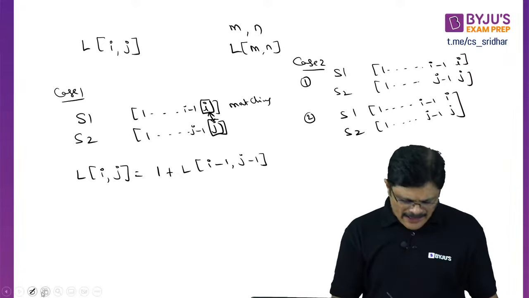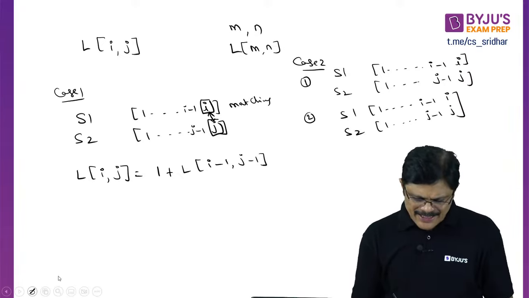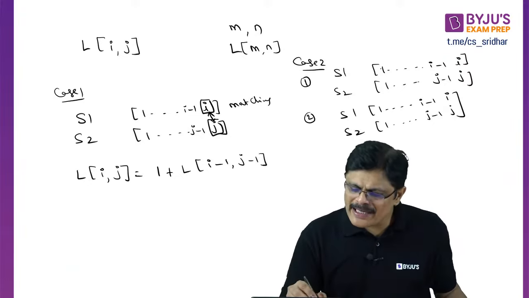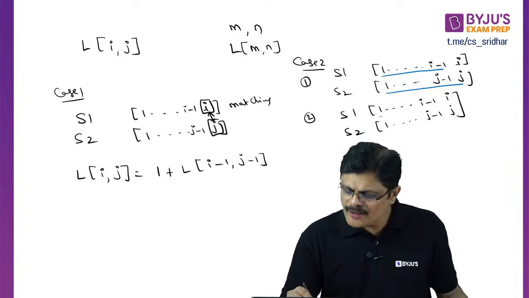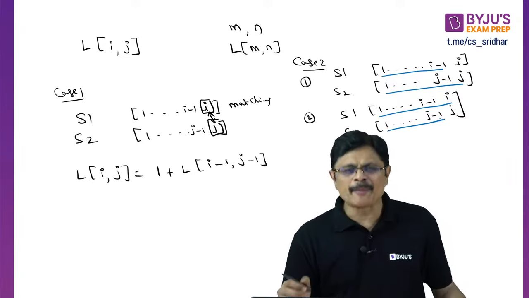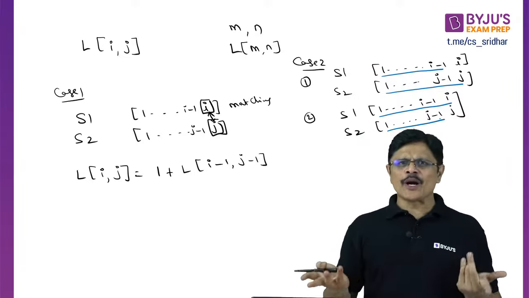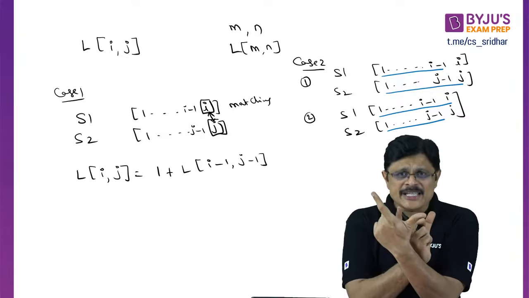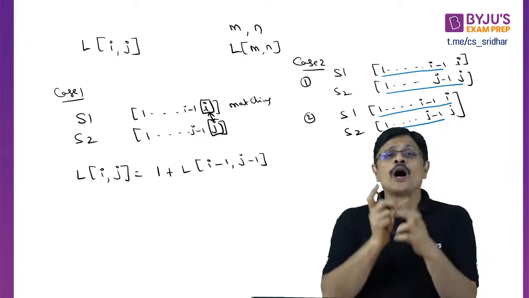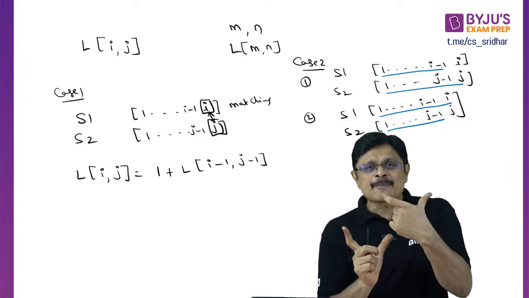See, when the last symbols are not matching, you may consider this part with this full part, or this part with this full part, because the last symbols are useless, they are not matching anyhow. So this full sequence with this subsequence may be matching, or the other way around.